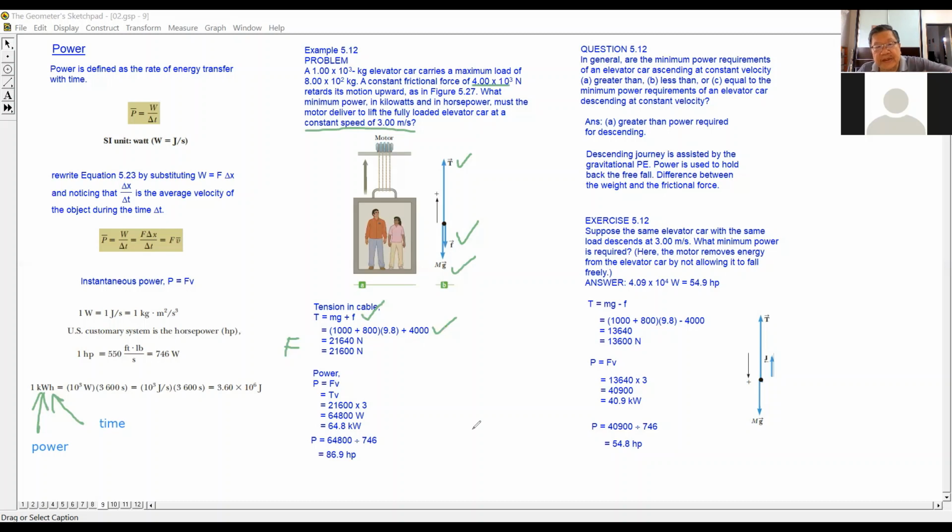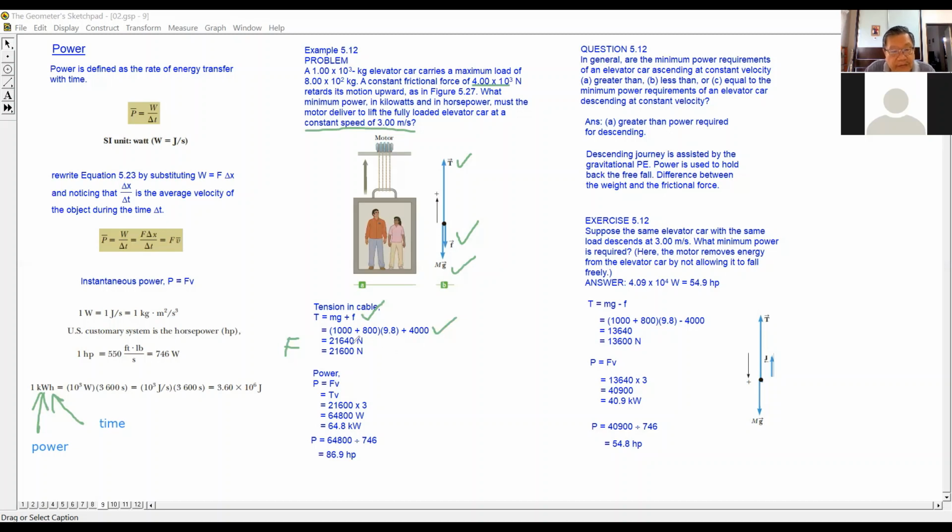If the system is moving at 3 meter per second, how much is the power? So which of these formulas are we going to use? Power is the work done divided by time, or power is the force multiplied by the velocity.